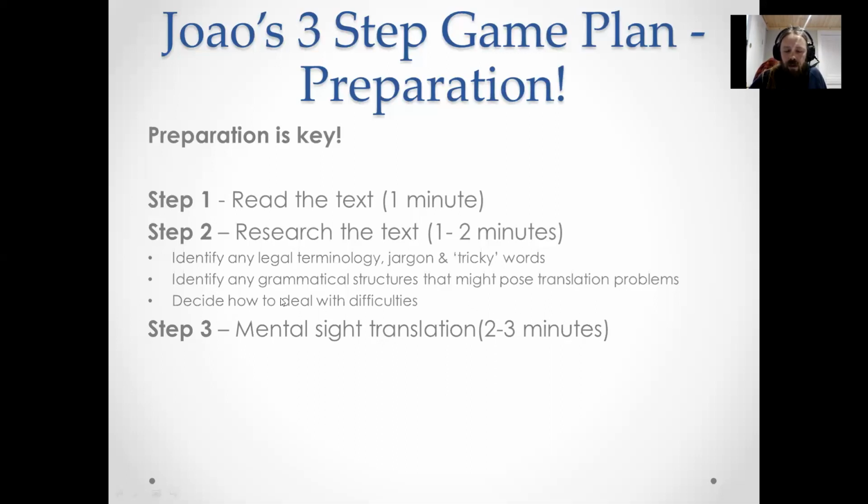Once you've identified what you think are going to be problems and made a decision on how to deal with them, and you have to make a very quick decision because it's only 5 minutes in total, doing the mental sight translation is important. One thing I always encourage you to do is to pick up a text, any text from any book or any past paper, at home in your own time, and do a sight translation.